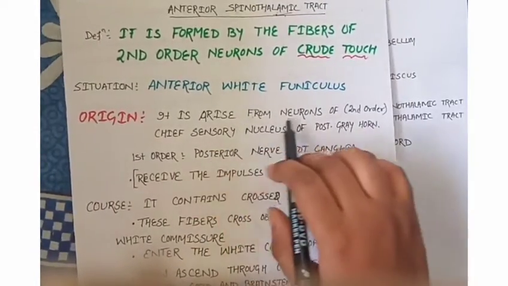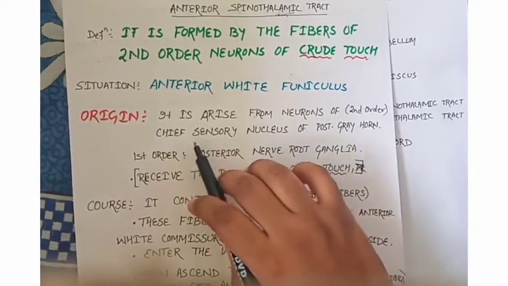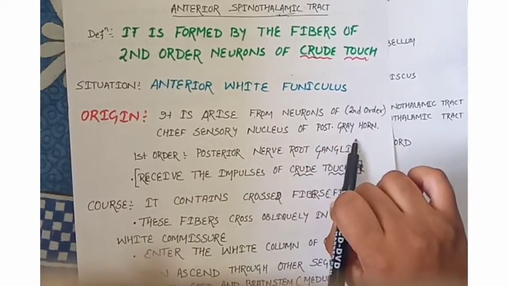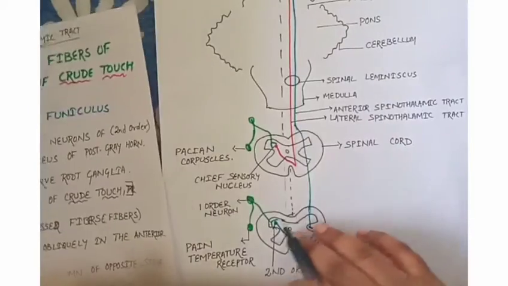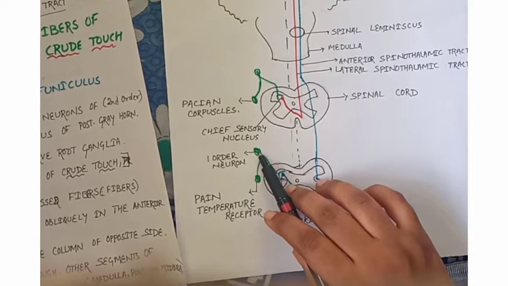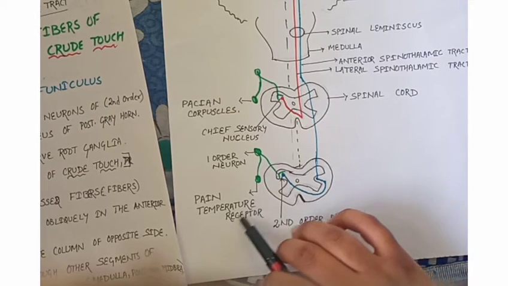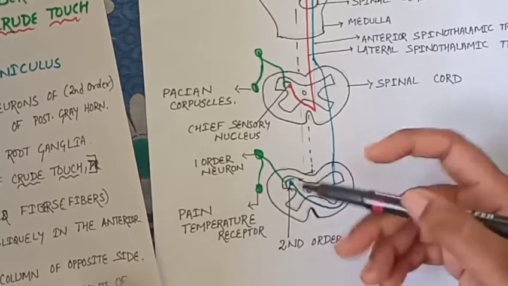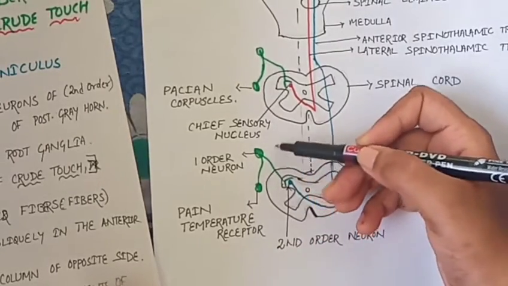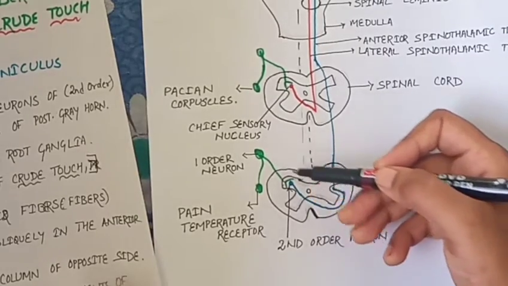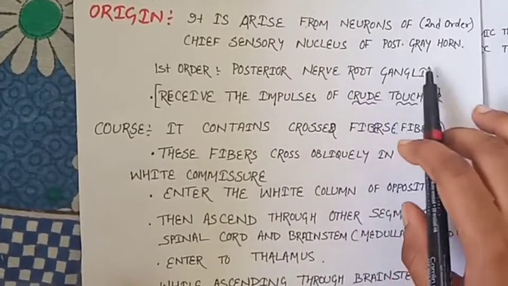It arises from the second order neuron, the neuron of the chief sensory nucleus of the posterior gray horn. You can see this from this part. The first order is here, because the temperature or pain sensation from any part of the limbs passes first into this nucleus, then these fibers enter the posterior gray horn.